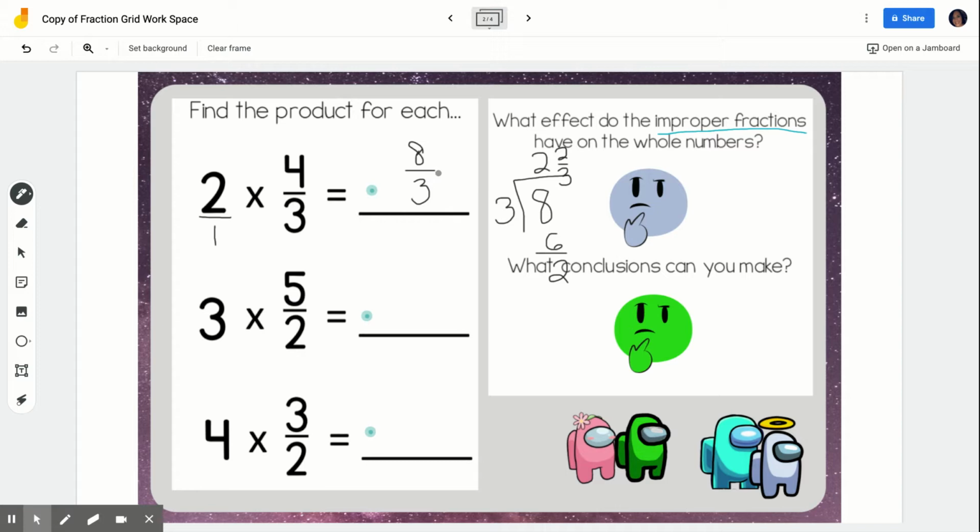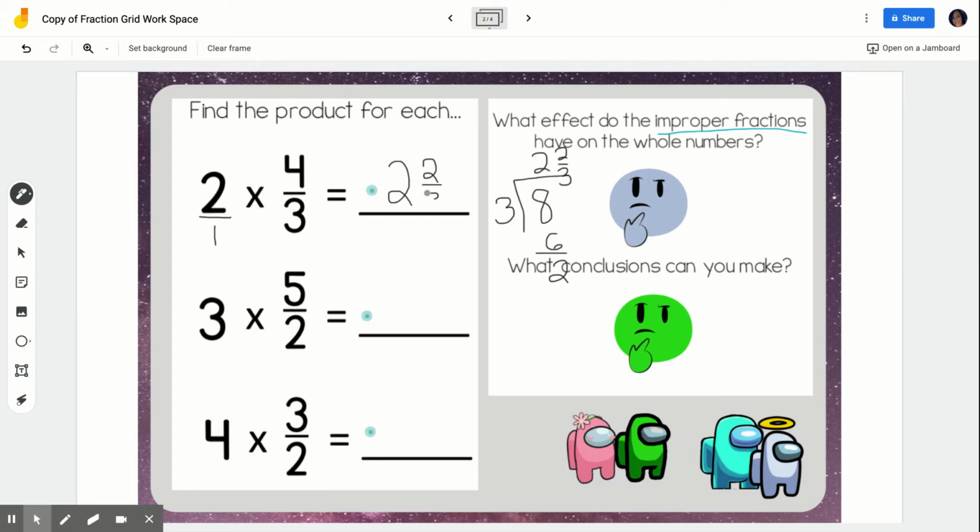So 8/3 is the same as 2 and 2/3. I'm going to erase 8/3 altogether because I want to see this as a whole number product. Let me write this again. So it has the value of 2 and 2/3.